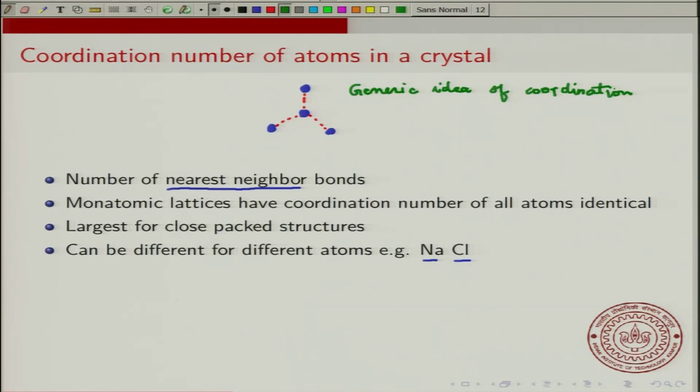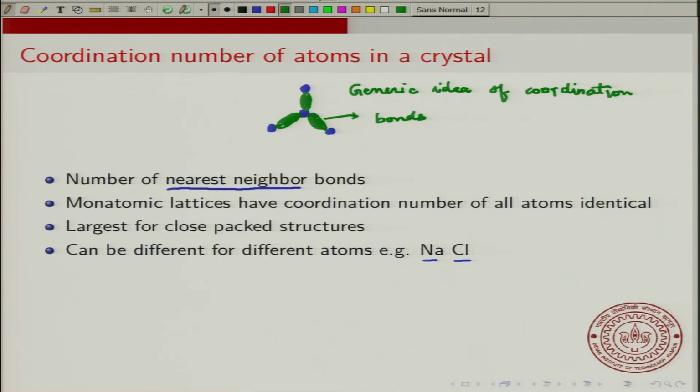But the other point I want to make is that as a chemist, you know that if there are two atoms in a crystal, they are going to form some sort of a bond. I will just show it this way. There will be some sort of a bond between neighboring atoms, especially if they are nearest neighbors.